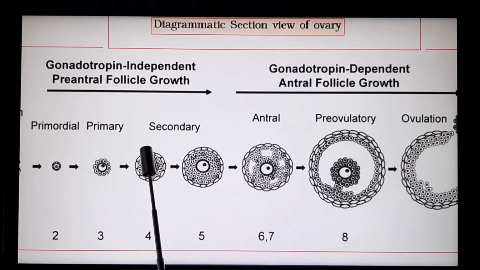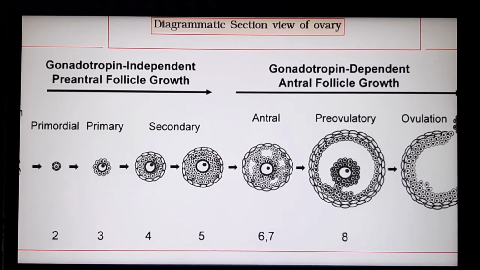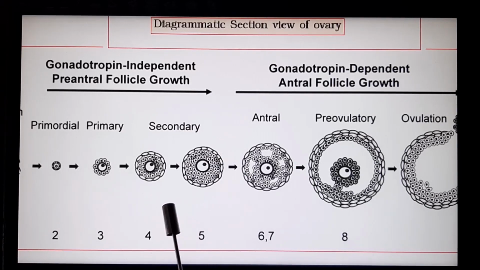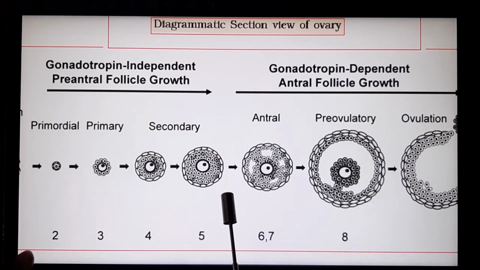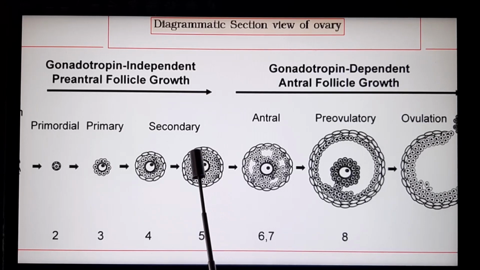More granulosa cells are added and the thecal layer is further developing into theca interna and externa. And the secondary follicle further develops, with initiation of the tertiary follicle level.